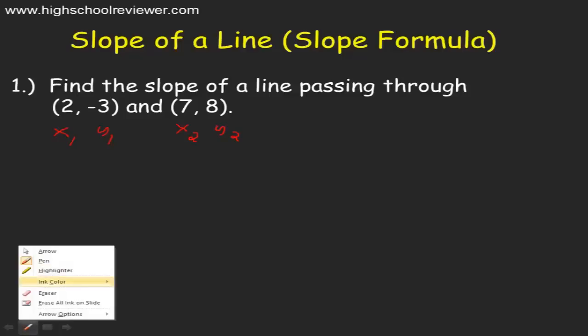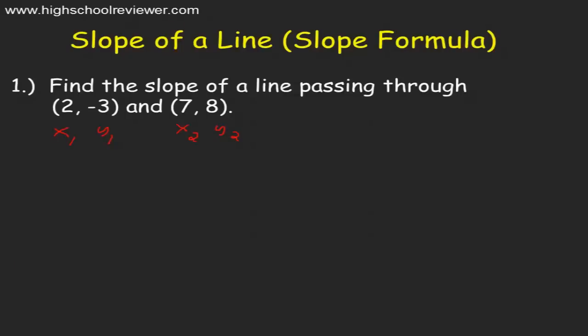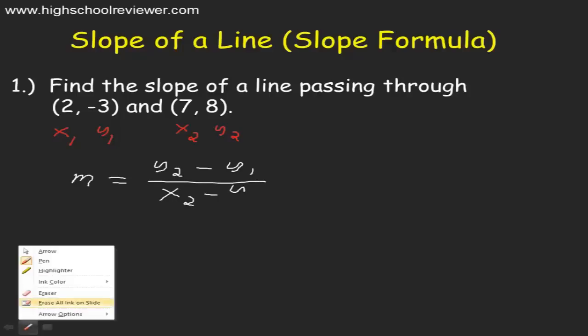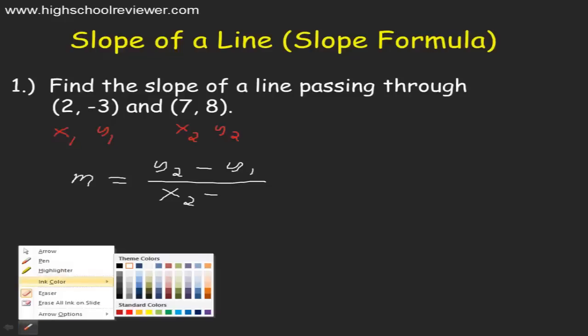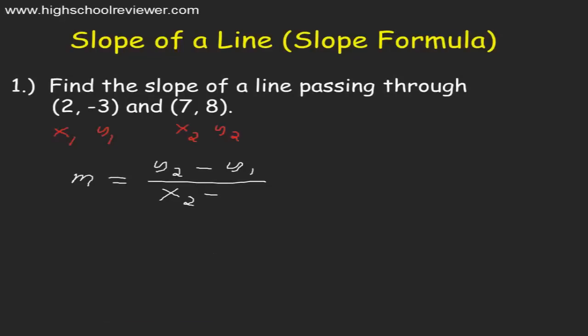And then we can now solve for the value of the slope. The formula for the slope is m is equal to y sub 2 minus y sub 1 all over x sub 2 minus x sub 1.